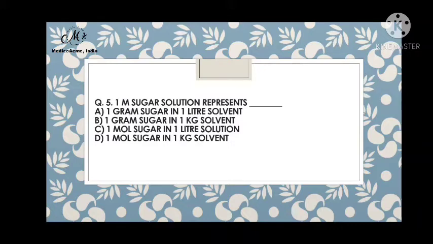The question is, 1 m sugar solution represents what? This is a very basic question, of the type you have done in class 11th. A is 1 gram sugar in 1 liter of solvent, B is 1 gram sugar in 1 kg of solvent, C is 1 mole sugar in 1 liter of solution, and D is 1 mole sugar in 1 kg solvent.